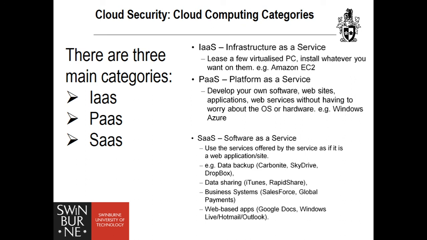PaaS stands for platform as a service, so we can develop our own software, website, application, or web services without having to worry about the OS and hardware, for example Windows Azure. And SaaS means software as a service, a service offered as a web application site, for example data backup, data sharing, business systems, and web-based applications.